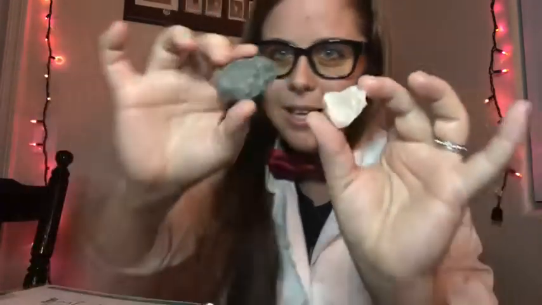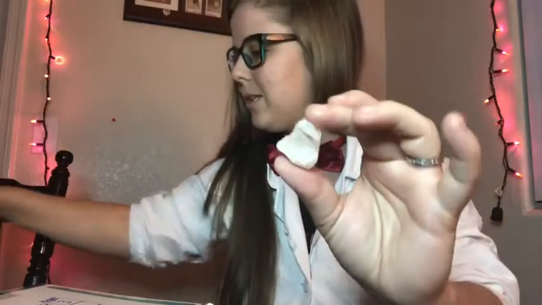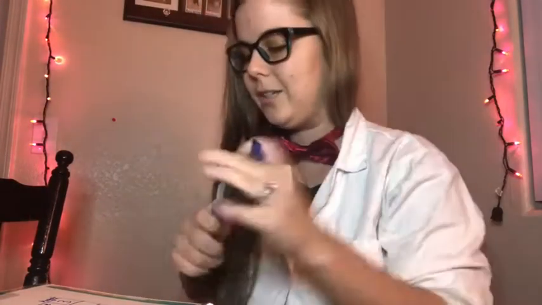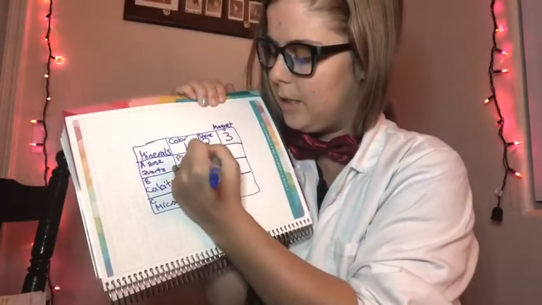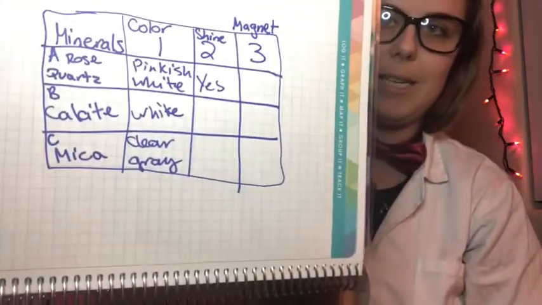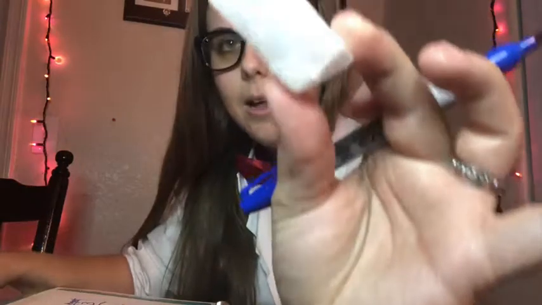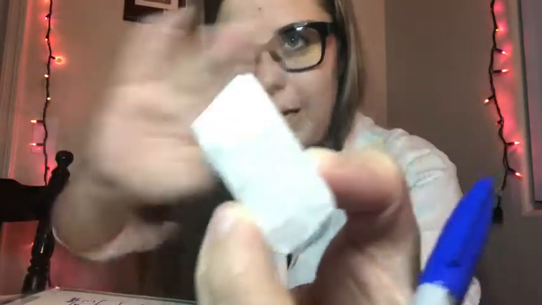All right, so rose quartz is going to be our first mineral, and that is going to be in our second column under shine. Is rose quartz shiny? Yes, of course it is. Let's look at number 2, calcite. Is calcite shiny?